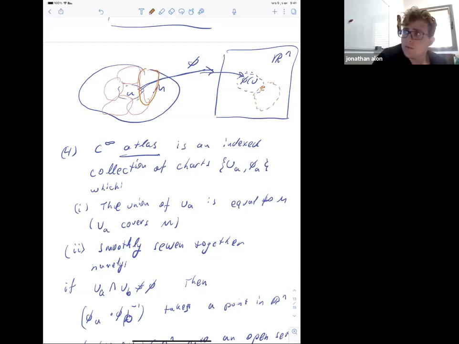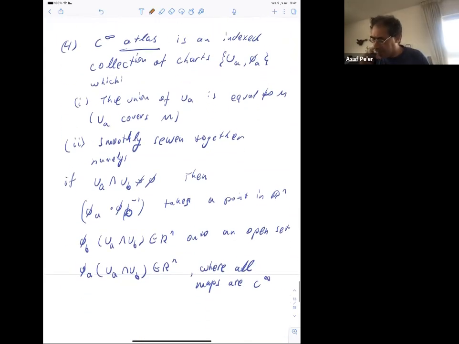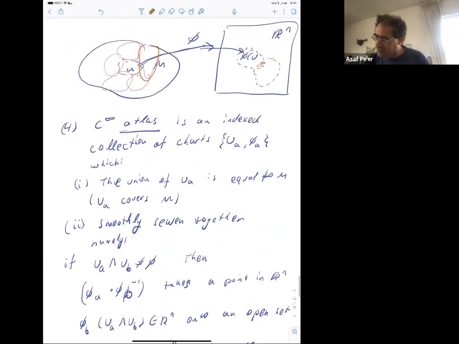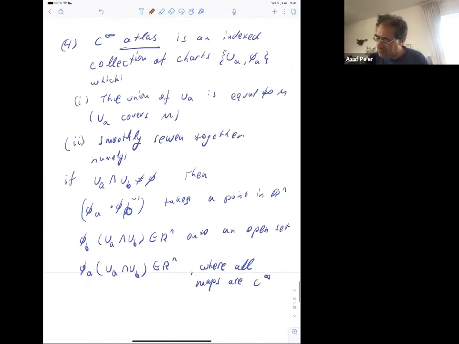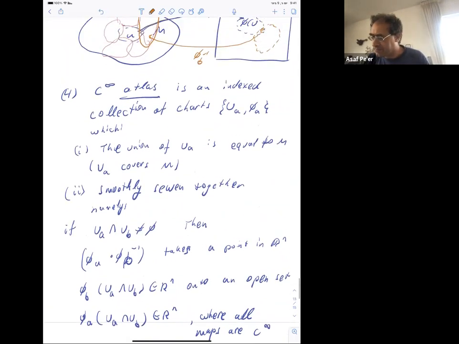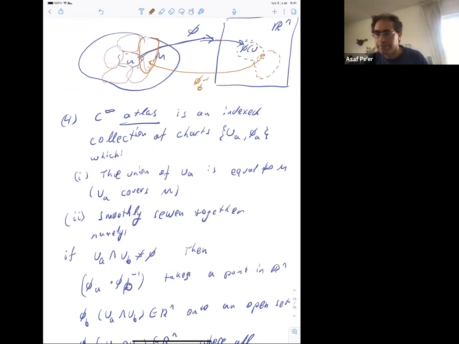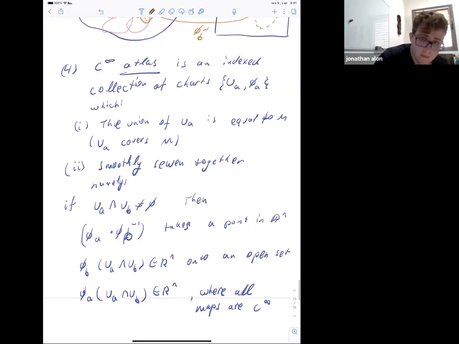What do you mean by well behaved? The mathematical definition is that I can take the function phi_b inverse and then take it to phi_a. So I take the function back to phi_b inverse, and then I take it to phi_a, and it maps onto an open set in R^n.